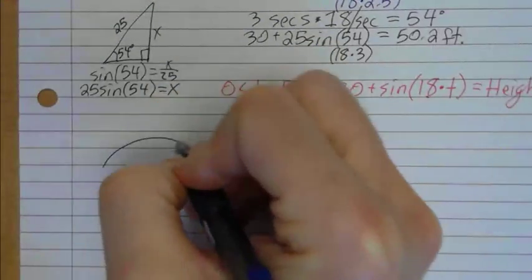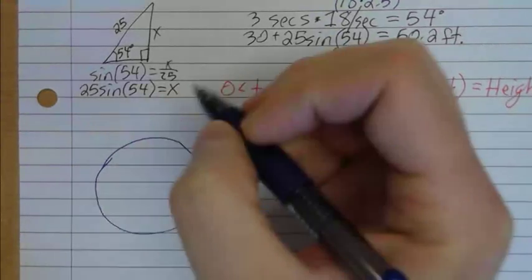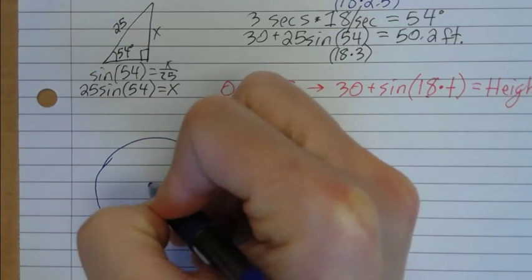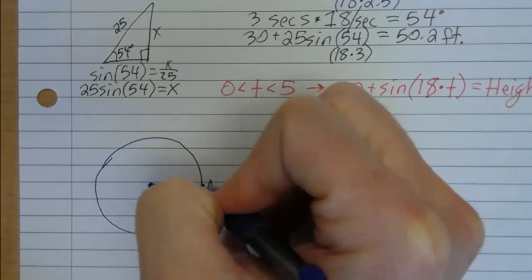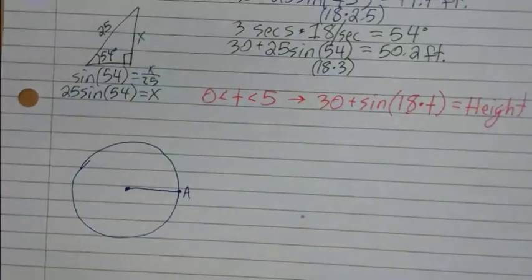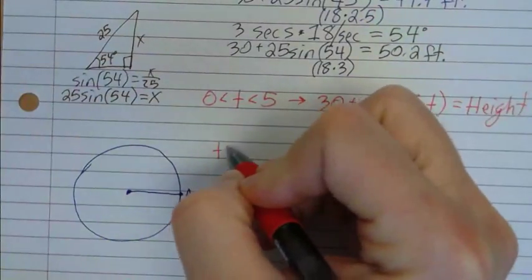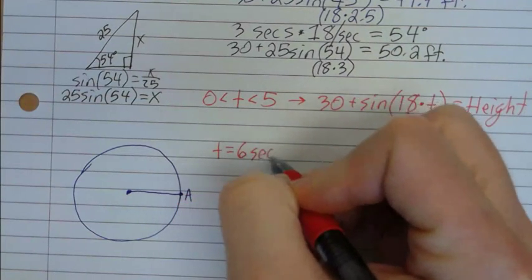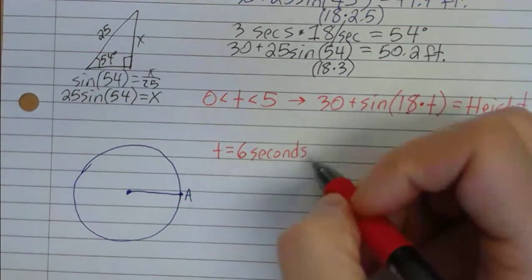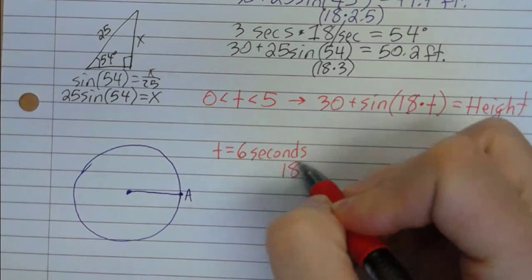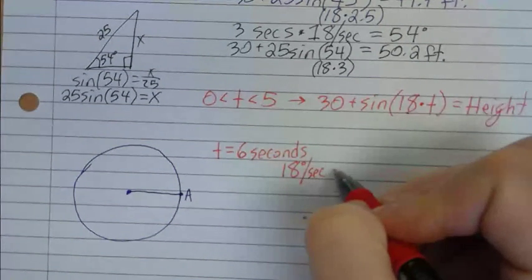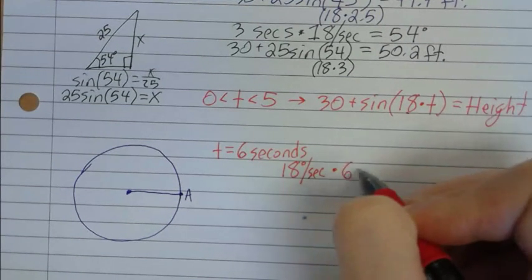So we can draw our Ferris wheel, and point A is where we're starting again. If we are looking at t equals 6 seconds, we are doing 18 degrees per second times 6 seconds again.